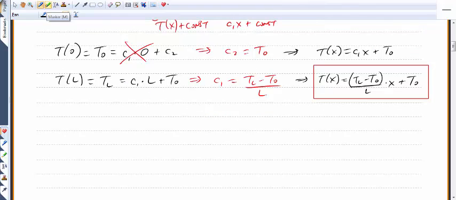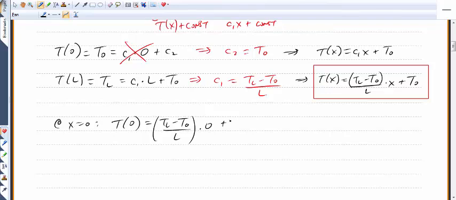So we can check our result by evaluating our exact solution at the two boundary conditions. At x equals 0, T evaluated at 0 is equal to T L minus T0 over L times 0 plus T sub 0. Of course, this all goes away, and we're left with T evaluated at 0 is equal to T sub 0, which is correct.